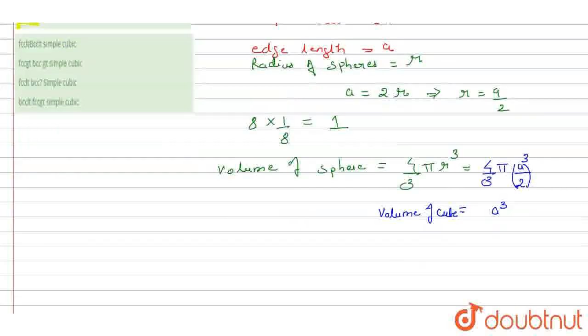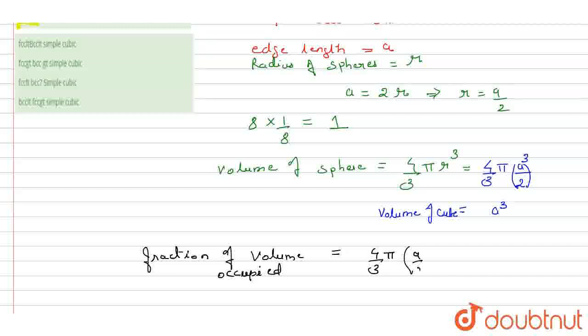Now here we get the fraction of volume occupied, so this will become 4 by 3 pi, a by 2 whole cube, divided by a cube.